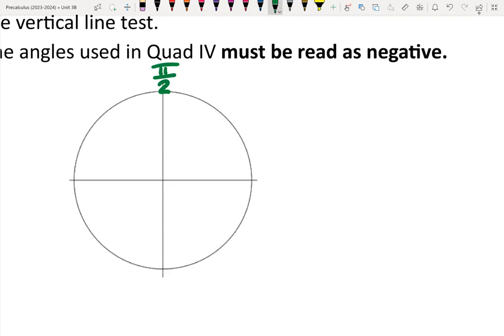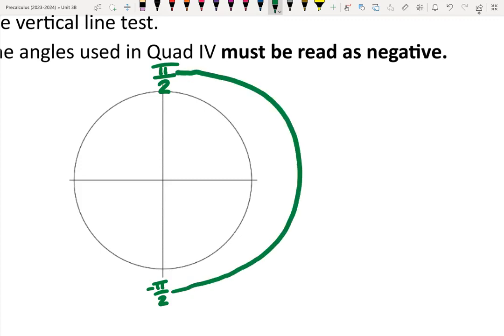Down here at the bottom, negative pi over 2. So if I am going from negative pi over 2 to pi over 2, and that is the chunk of the graph that we're looking at, which two quadrants are involved?